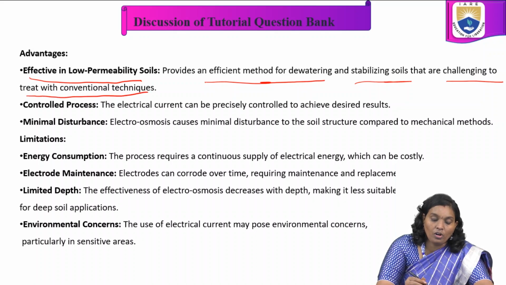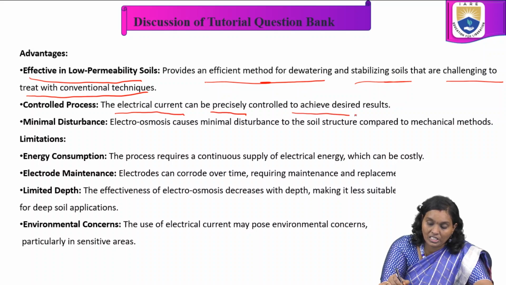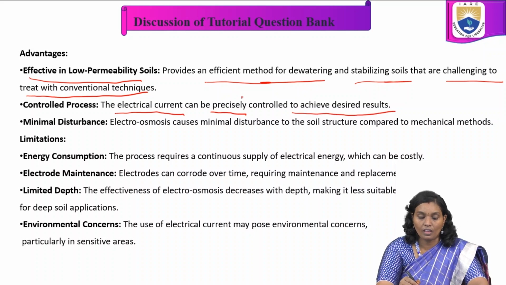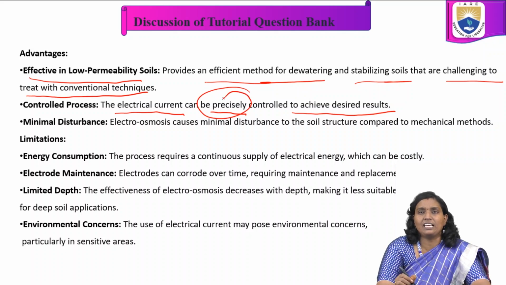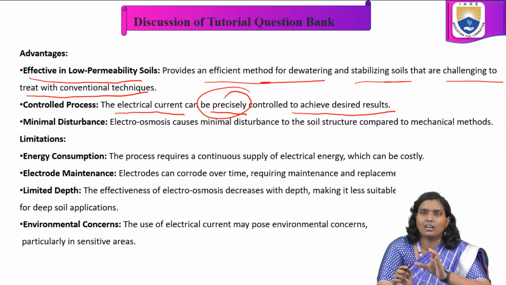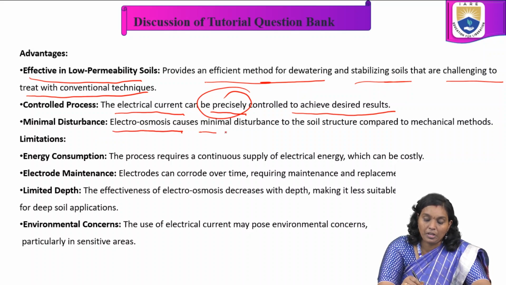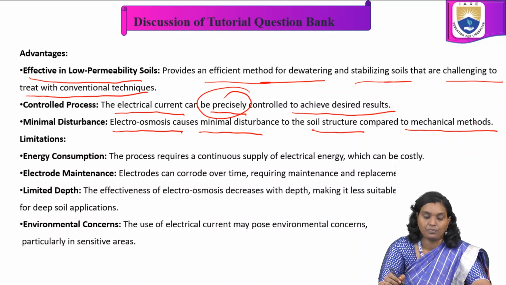It is a controlled process because the electrical current can be precisely controlled to achieve the desired results. And it causes minimal disturbance to soil structure compared to mechanical methods.